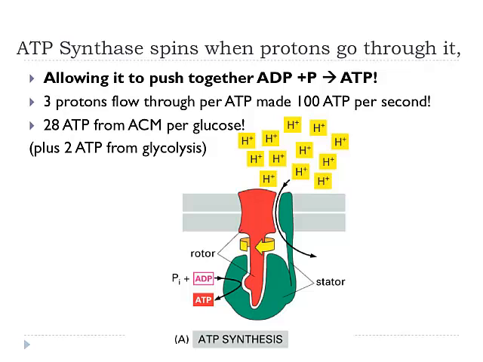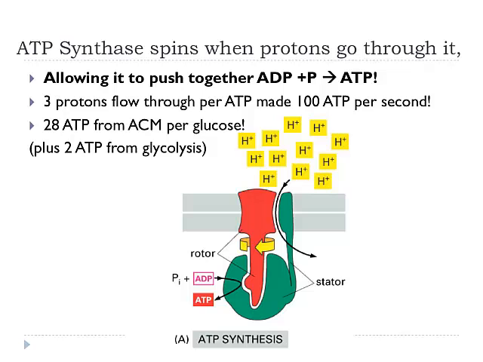And it's the energy from the favorable movement of the protons from the area of high concentration to low concentration that drives the movement of the ATP synthase that helps to push these two molecules together and catalyze that reaction.